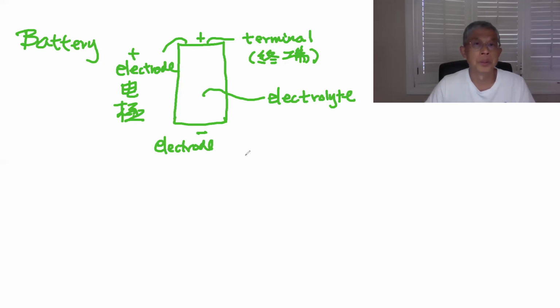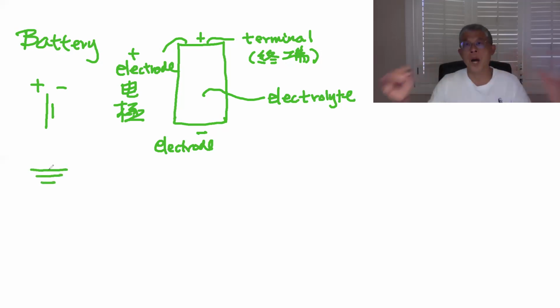So terminal. So the symbol, it's usually like that. So positive is a long one, negative is like that. Okay, second symbol I want to introduce is ground. So ground is like earth, or like if you're a car, the body of the car is the ground. So it's like a big piece of something.